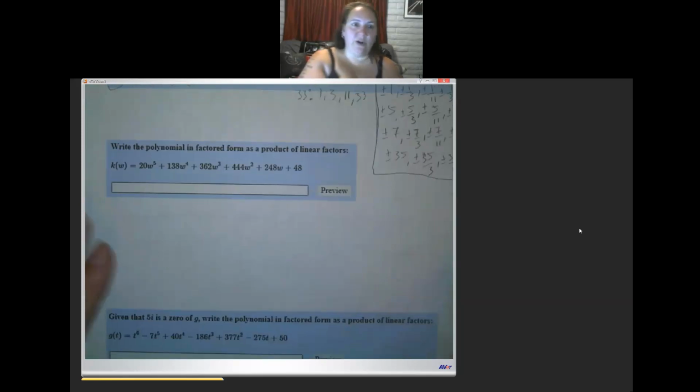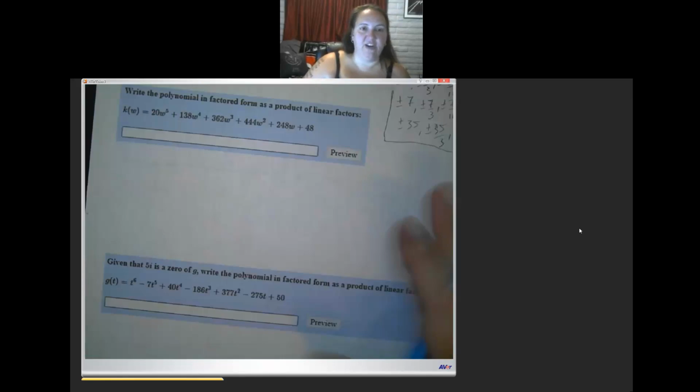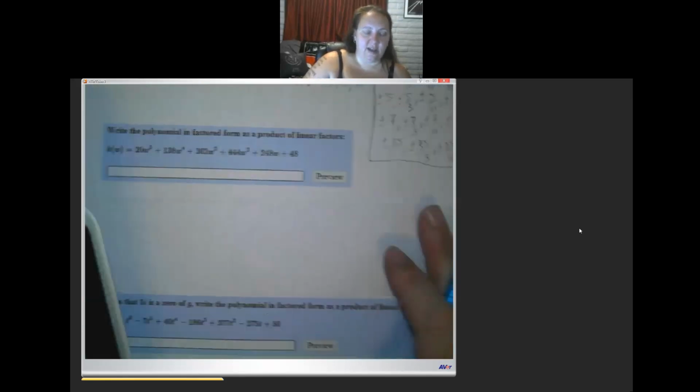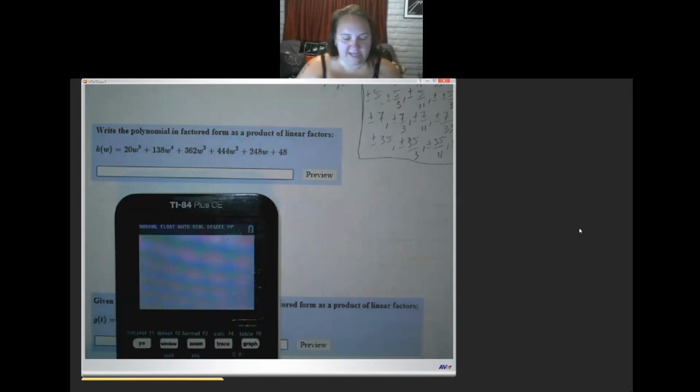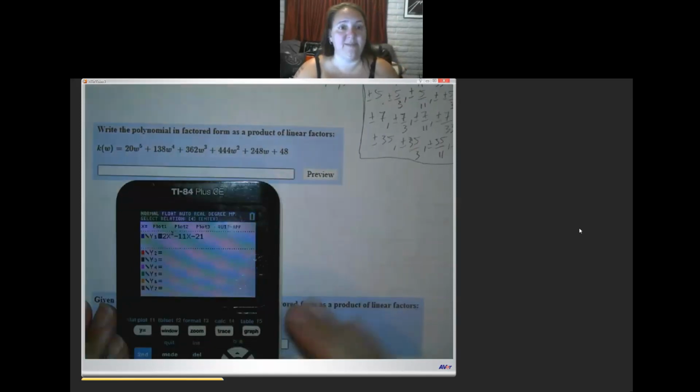Now, if we want to write this as the product of linear factors, the first thing that I always do is I graph these, like always first. And sometimes the graph helps and sometimes it doesn't.